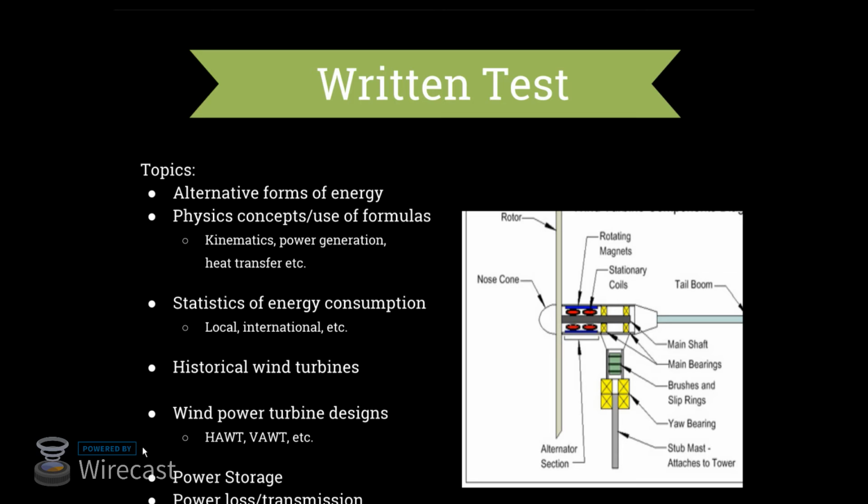And also topics about wind power turbine designs, which would consist of horizontal axis wind turbines, vertical axis wind turbines, etc. There are multiple wind turbine designs, but the horizontal and vertical axis designs are currently the most popular for commercial use.